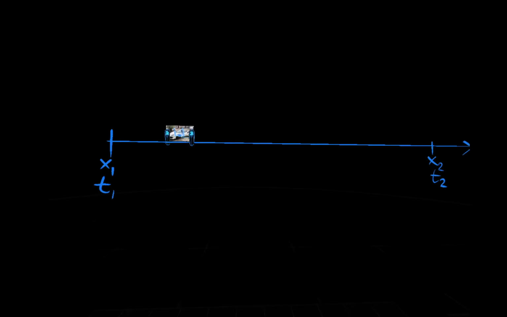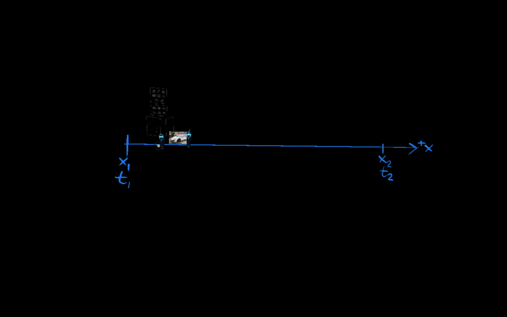And so if we're talking about some object, say a car, that's traveling this distance, it starts at x1, and it makes its way to some x2 in some amount of time.